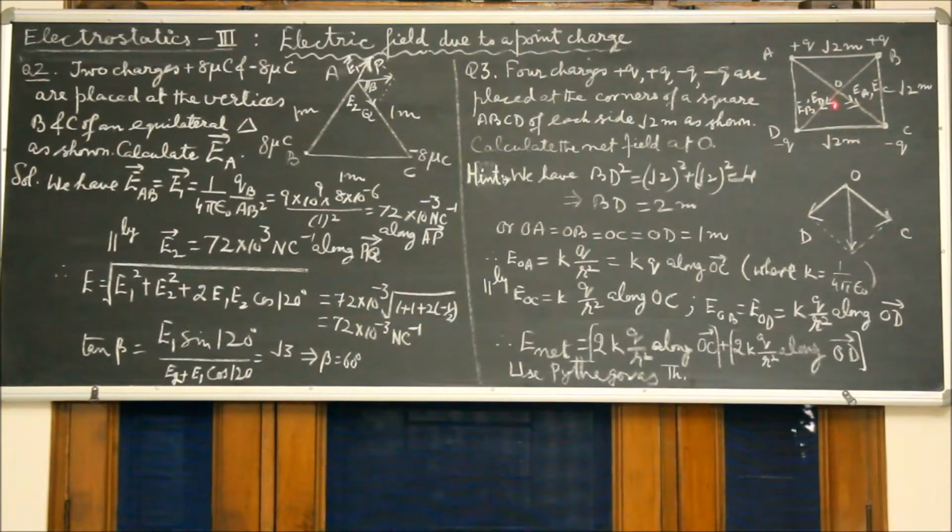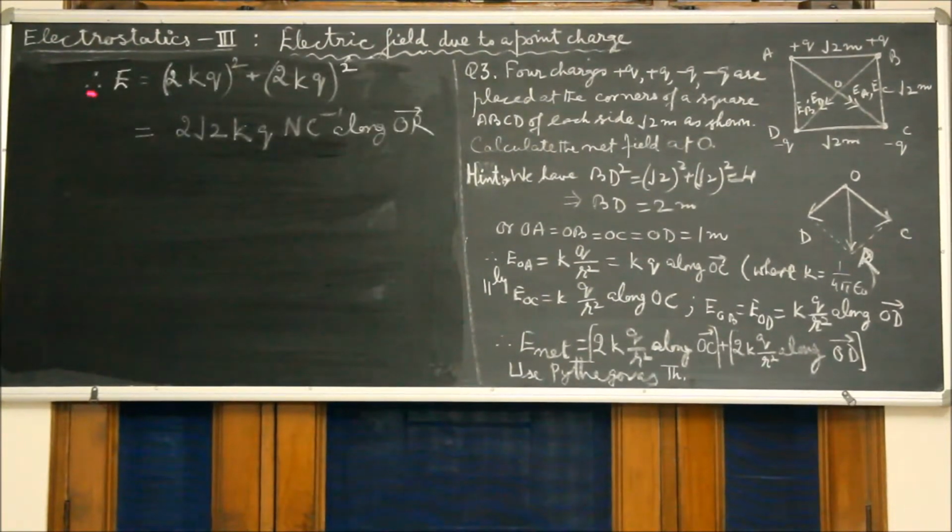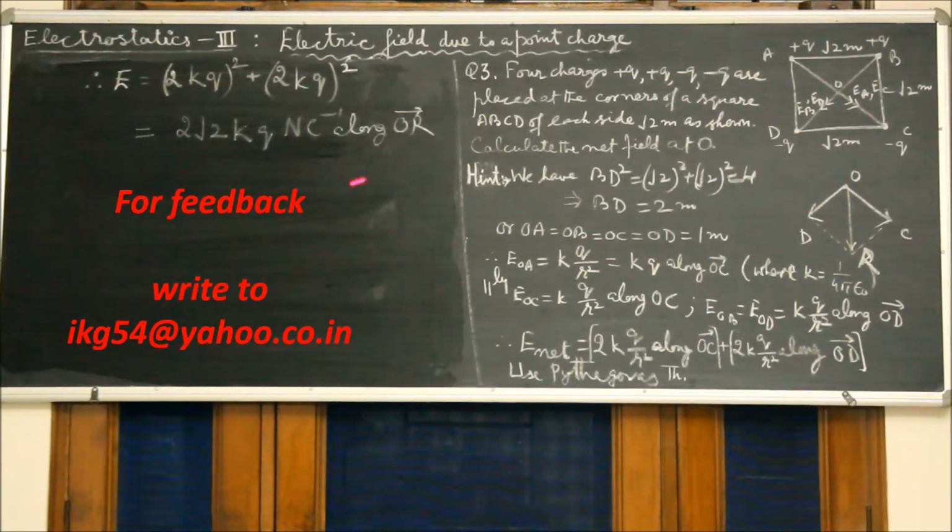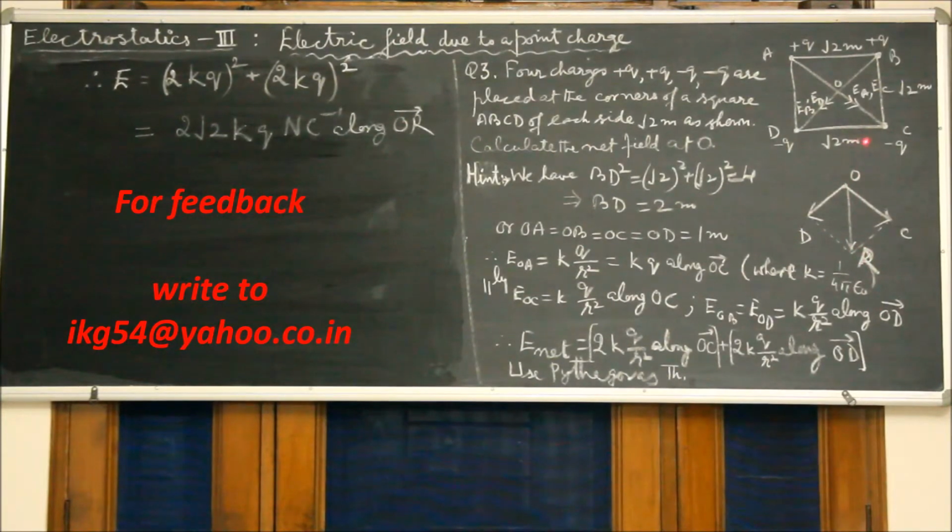The field will be perpendicularly downward from point O. Or the net field E is equal to square root of 2KQ whole square plus 2KQ whole square, equal to 2 root 2 KQ Newton per coulomb along OR, as shown in this diagram, where OR will be parallel to AD or BC.